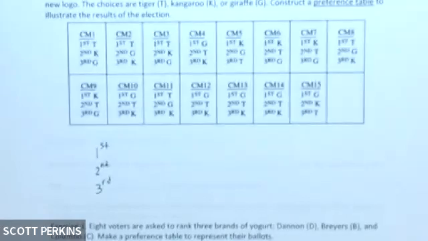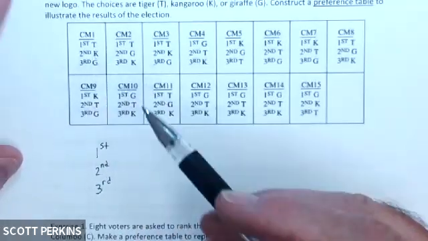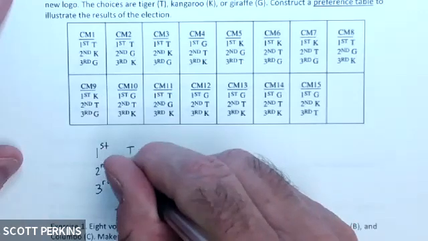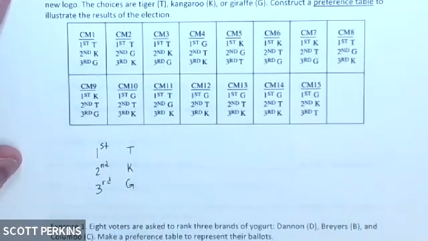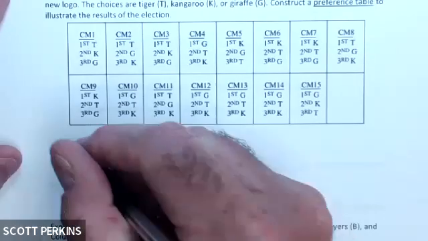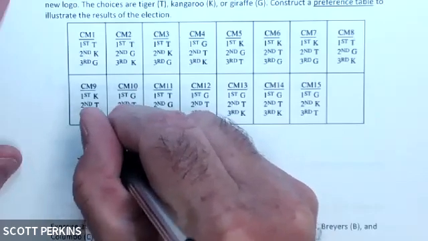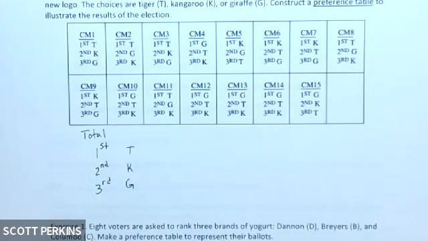First off, the first voter submitted TKG. Now I'm going to go through all the ballots and see, are there any other TKGs? The way I'm going to structure the table, just so it's similar to what you're going to see when you do your homework, is I'm going to put the total at the top of each of the columns.